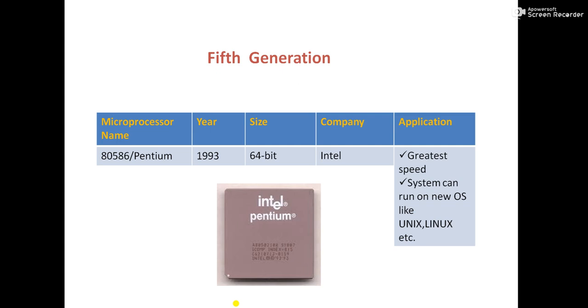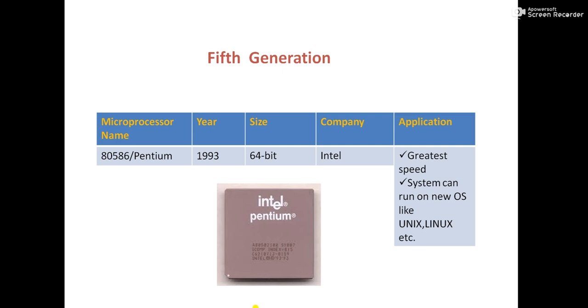And as we know, after this Pentium, came Pentium 2, Pentium 3, Pentium 4, and so on, like latest microprocessors are Core i3, Core i5, Core i7, Core i9 processors we are using as latest microprocessor which are introduced by Intel company.